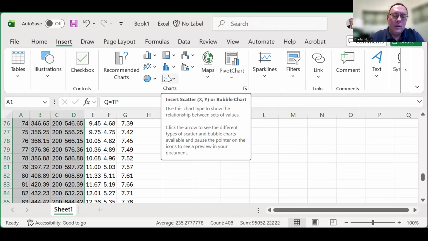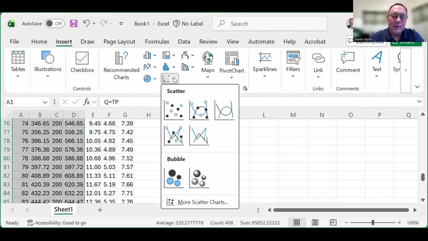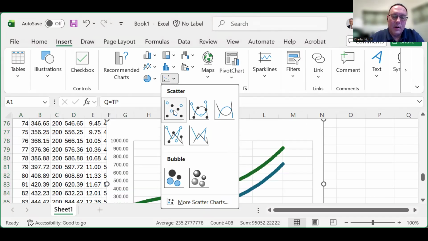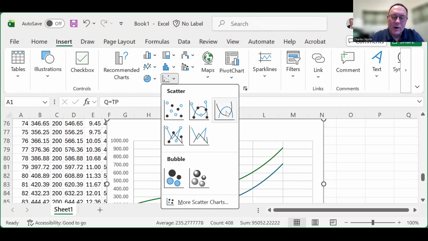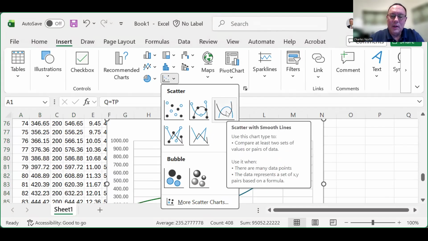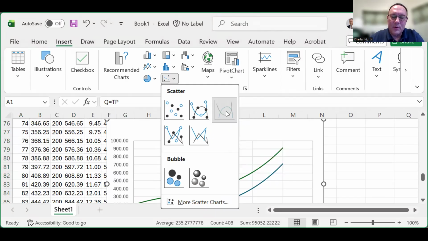And you have a variety of choices. So when we look at the options, you can see that you could just plot the points and get a scatter. But what I suggest you do is instead of just the points themselves, do this smoothing curve, because it will go through every point, but it will also smooth out the curve. So I'm going to do that.